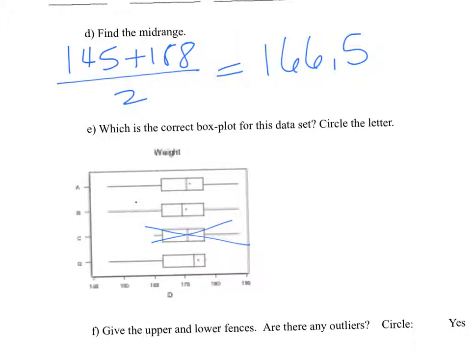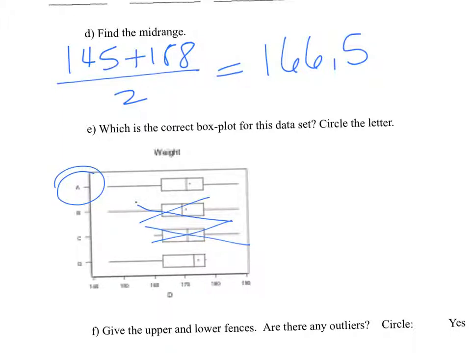Our median was 171, so it can't be this one, because that median is less than 170. So we eliminate that one right there. And then we have a maximum of 188. So that just leaves choice A. Assuming there are no outliers, that's what it looks like.